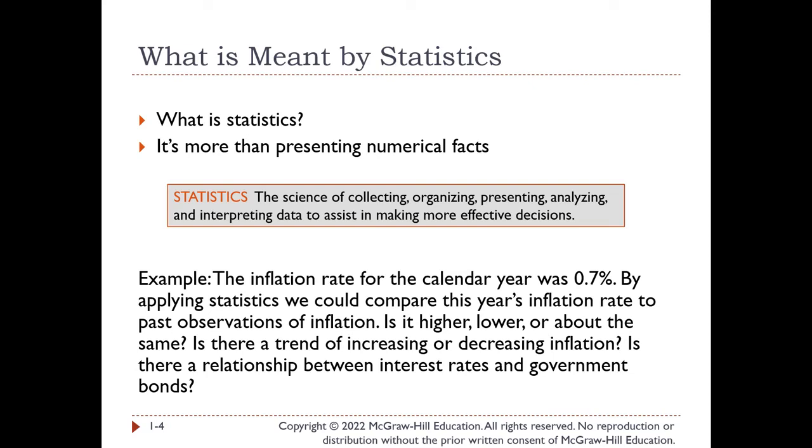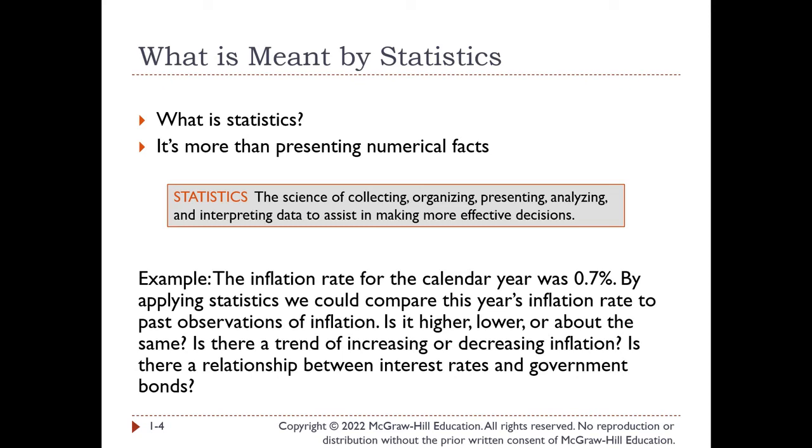And again, they give this like fun example. We always love examples. Where it has the inflation rate for the calendar year was 0.7%, which we know it's a lot higher now, but by applying statistics, we could compare this year's inflation rate to past observations of inflation.